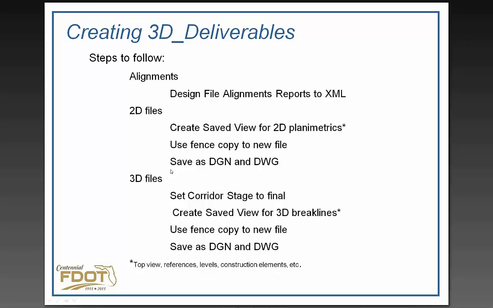And once you do that, then we can basically put a fence around it, copy it to a new file. And the reason we do this is to drop off all of what I call civil element data. So what I say, uncivilize it. And really what that's doing is it's dumbing down those elements that have DDB information and feature information to nothing more than just CAD lines, MicroStation lines, and arcs, and whatever other type of elements that are basic CAD elements.